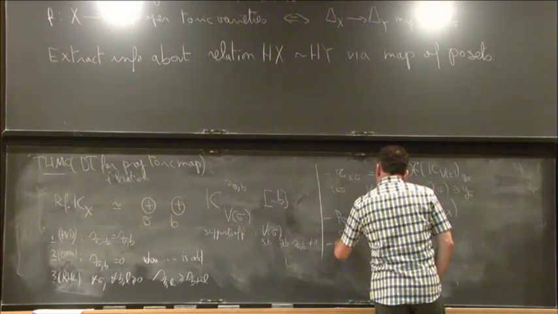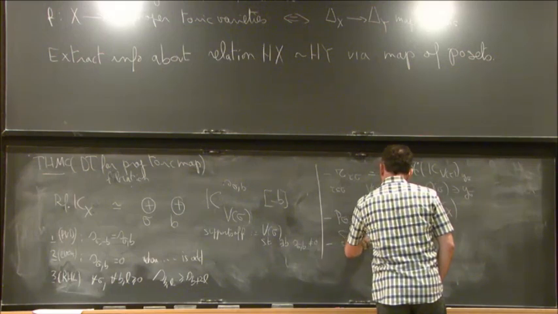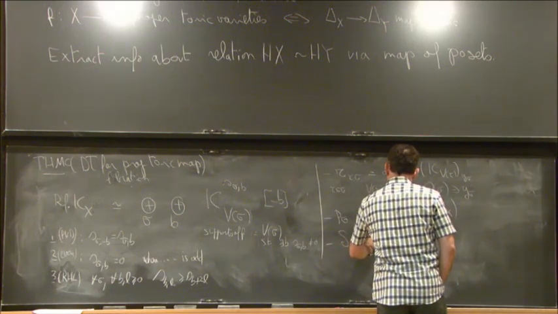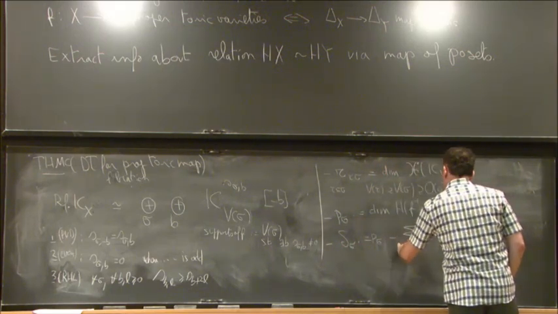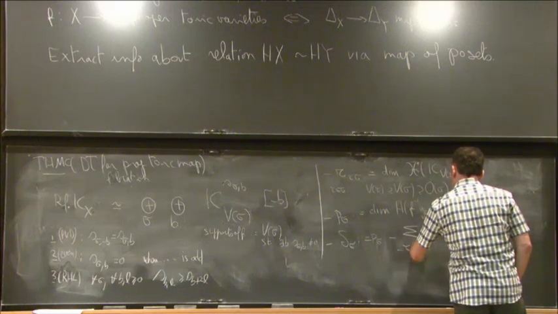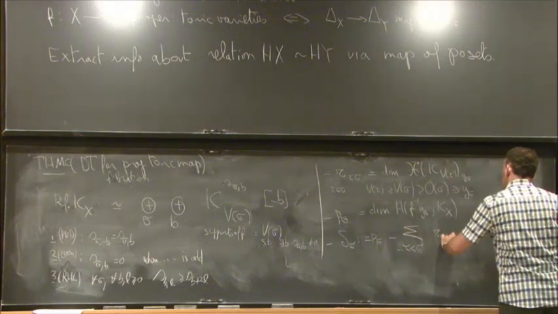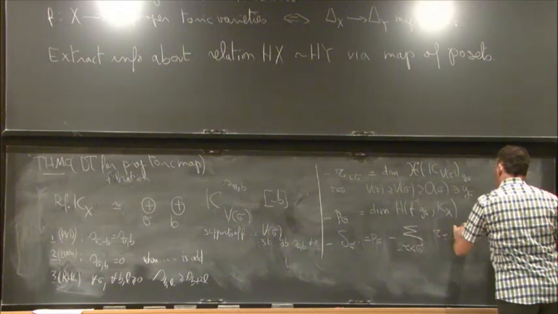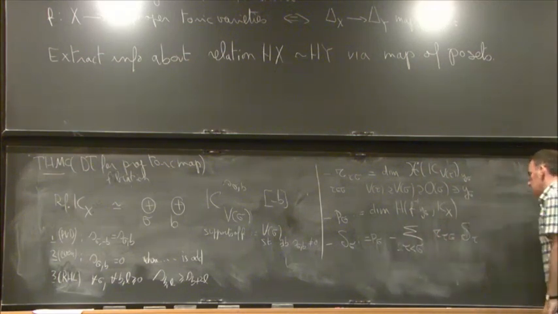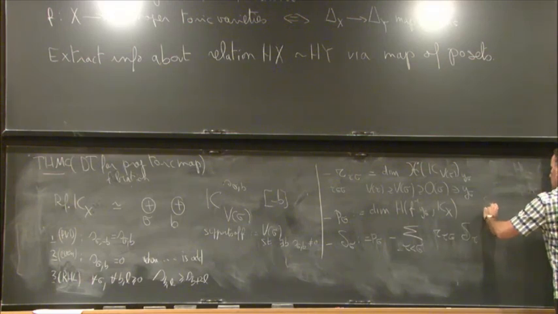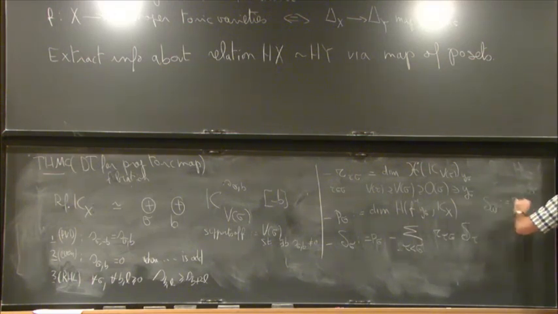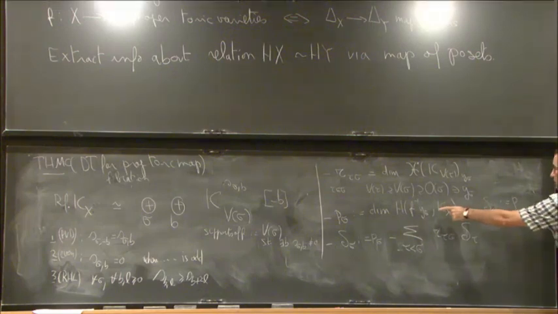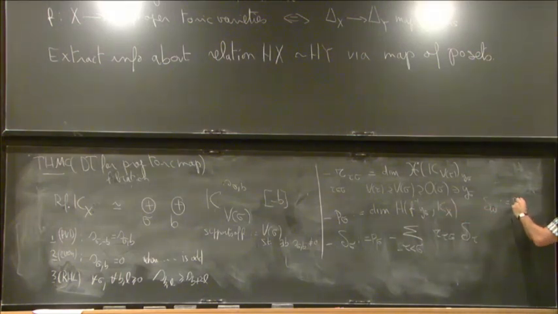Then I define my invariant delta sigma to be p sigma minus the sum over the taus less than sigma of r tau sigma delta tau. So this is an inductive definition that starts with the cone 0, called omega earlier, where this is defined to be this number for the generic fiber.